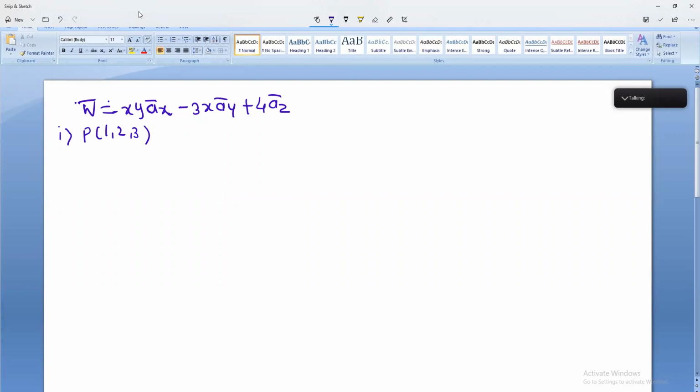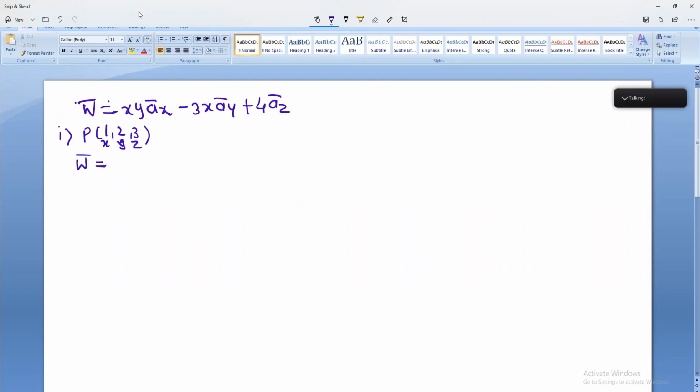Now how to find this vector field? This point P has coordinates 1, 2, 3. These coordinates are nothing but the x, y and z coordinates. So just put these x, y and z values in the equation of W bar.